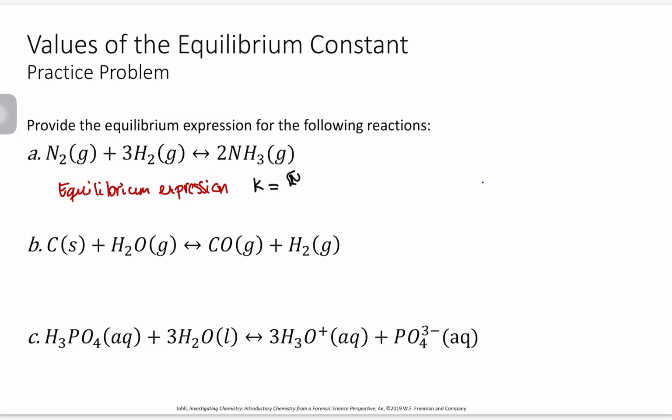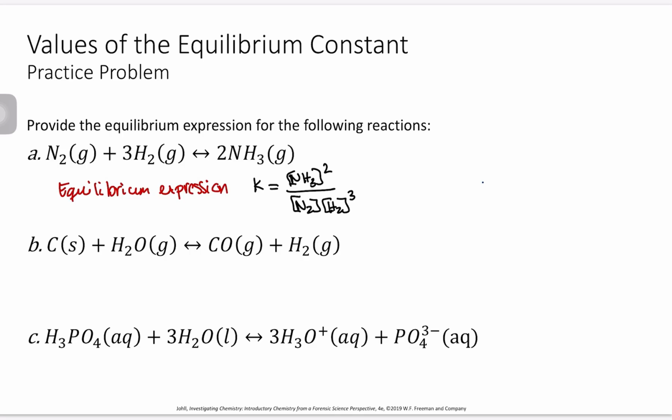So it's going to be the concentration of ammonia squared over the concentration of nitrogen times the concentration of hydrogen cubed. So this is the equilibrium expression for this equilibrium system. The equilibrium system of nitrogen gas reacting with hydrogen gas to yield ammonia. But then ammonia turns around and decomposes into nitrogen and hydrogen gas.